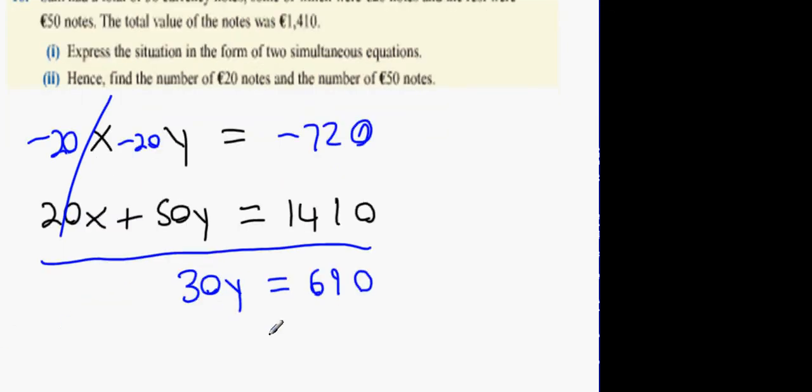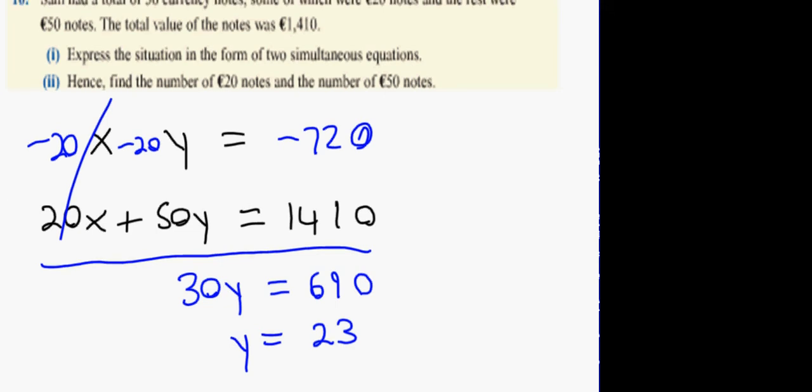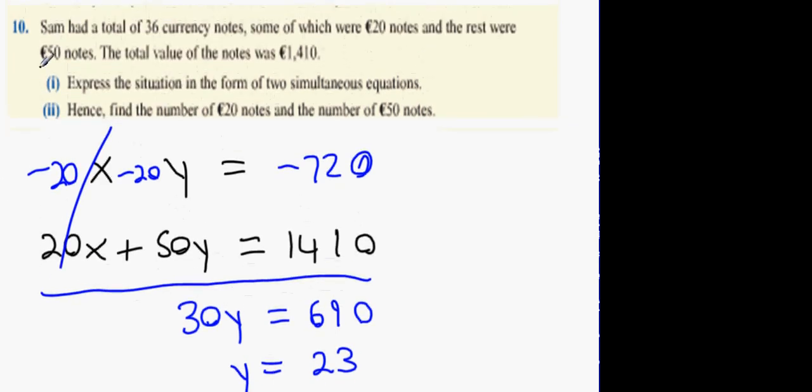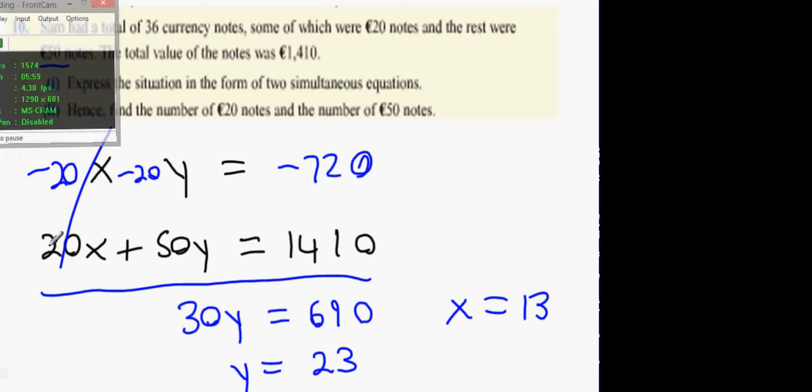Divide 690 by 30 and we get 23. Y equals 23. We have 23 €50 notes. This means we have 13 €20 notes. Okay.